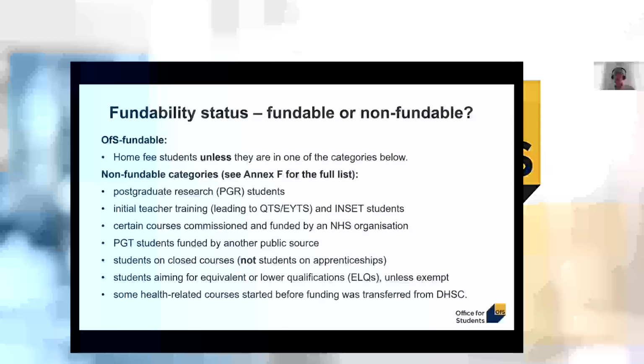Students aiming for equivalent or lower qualifications, what's known as ELQs, unless they're exempt, and some health-related courses started before funding was transferred from DHSC. Probably not many of those around now.